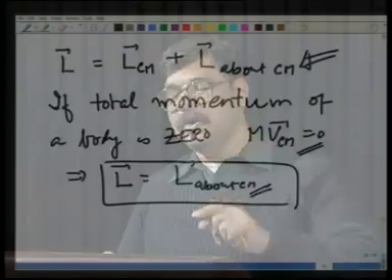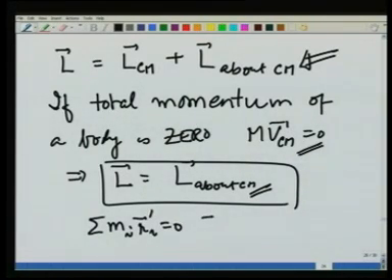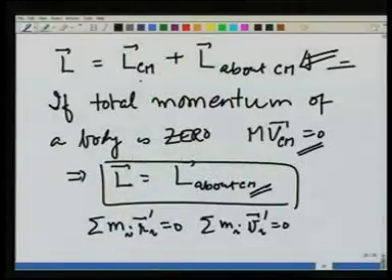You can see this is also a result which depends on the property of the center of mass, that is summation m_i R_i prime with respect to center of mass is 0, and similarly summation m_i V_i prime is equal to 0. So, this decomposition cannot be done about any arbitrary point, that is I cannot say L equals L of some point O prime plus L about that point O prime.